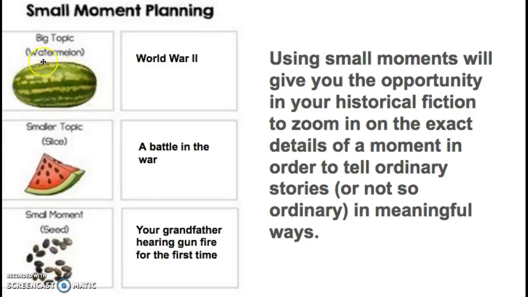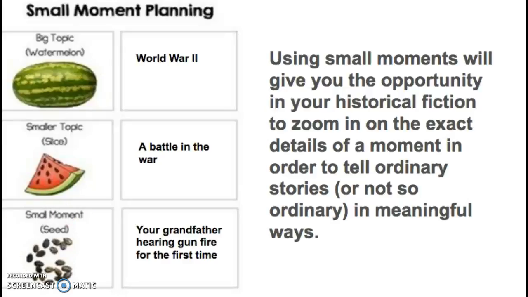So you have this watermelon as a representation of a big topic. A big topic is something like World War II. That's too big for us. We don't want that. We can break it down into a smaller topic, which would be like a slice of the watermelon. A slice of the watermelon could be a battle in the war. It's smaller, but for us, it's still too big.